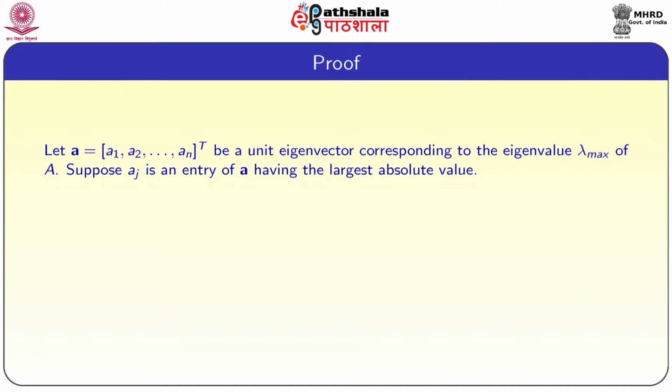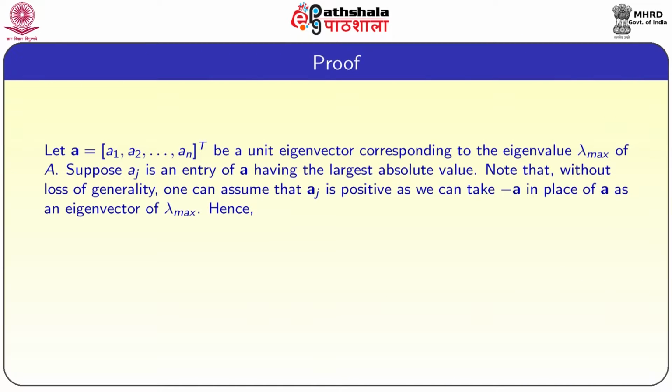The proof: let A equal to (A1, A2, and so on, An) transpose be a unit eigenvector corresponding to eigenvalue lambda max of the matrix A. Suppose Aj is an entry of A having the largest absolute value. Note that without loss of generality, one can assume that Aj is positive, as we can take minus A in place of A as an eigenvector of lambda max.